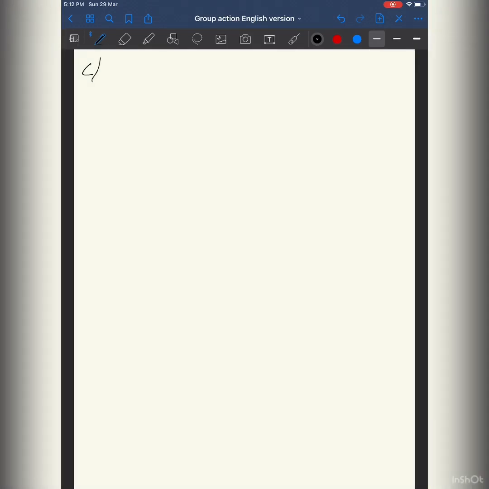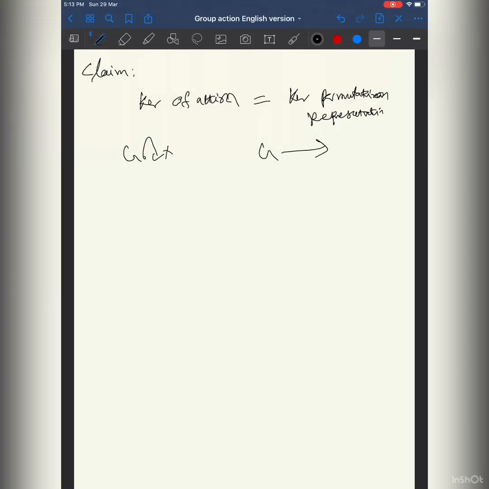Okay, claim. One direction I will prove in the claim. Kernel of action is the same as kernel of permutation representation. What is permutation representation? G acts on X, then we have this homomorphism. That is a permutation representation.